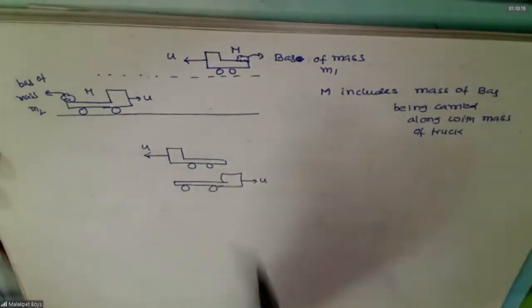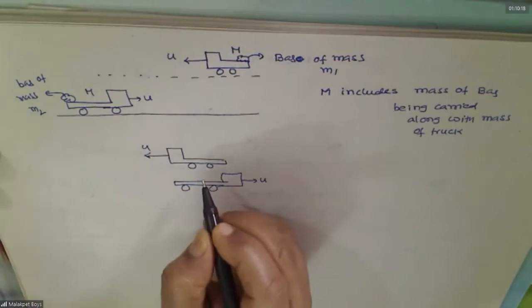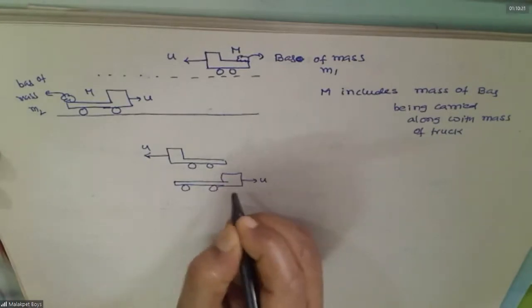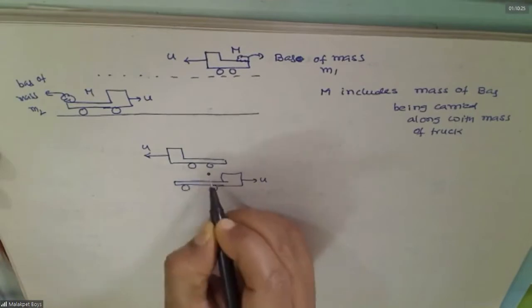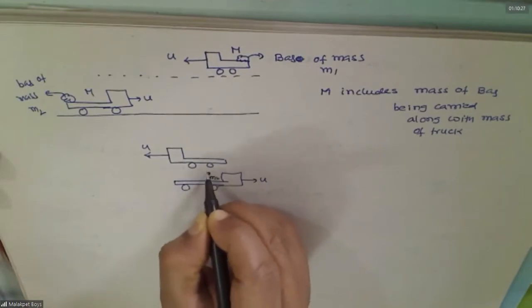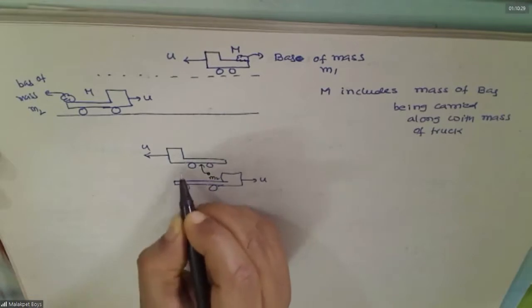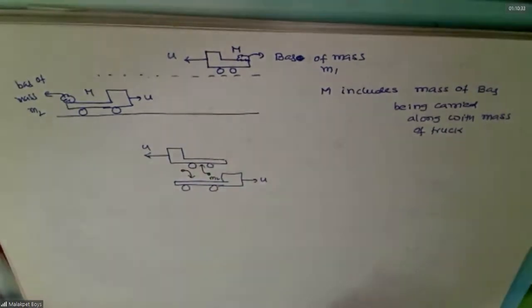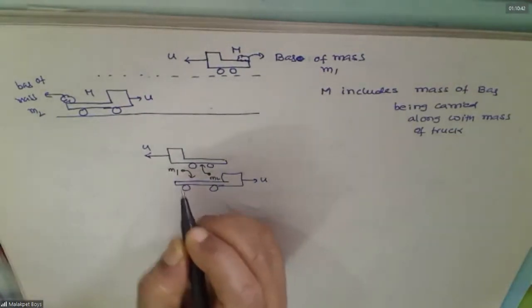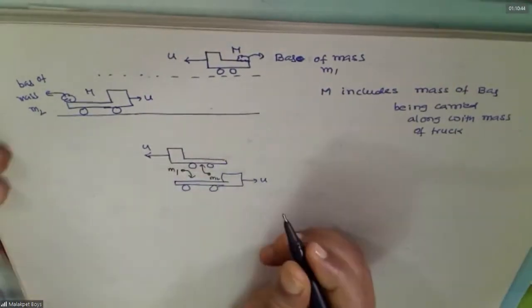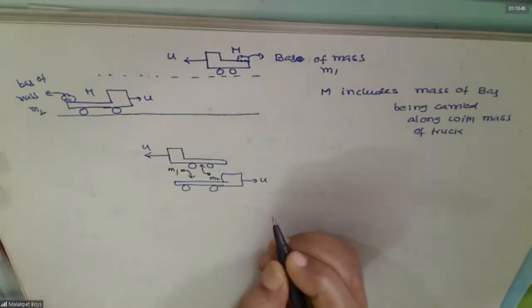Now one truck is moving. This is one bag that goes into this M2, and that bag is thrown into this M1. Agreed? Understood what I am saying? That means they exchange the bags. Clear?